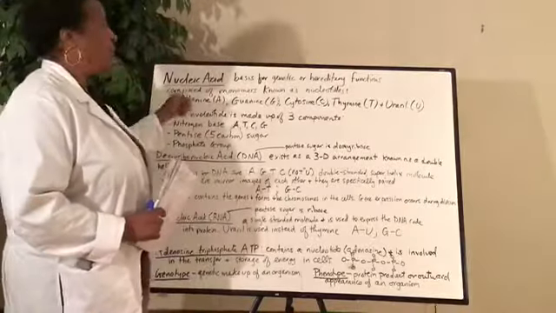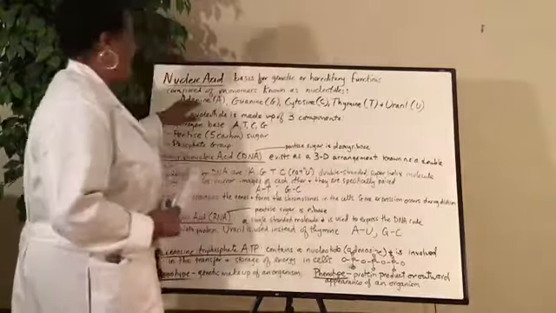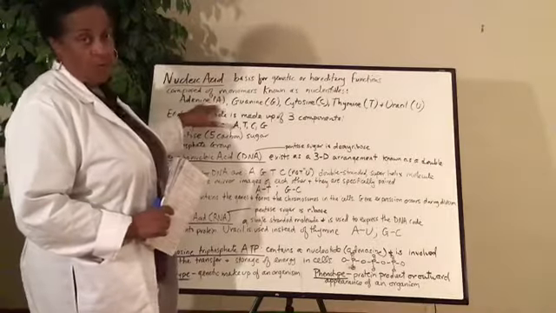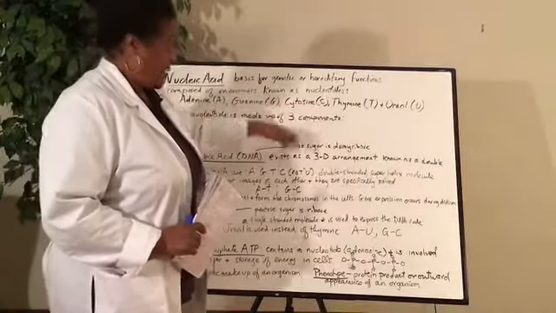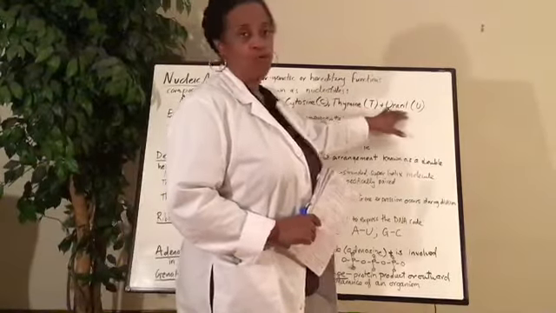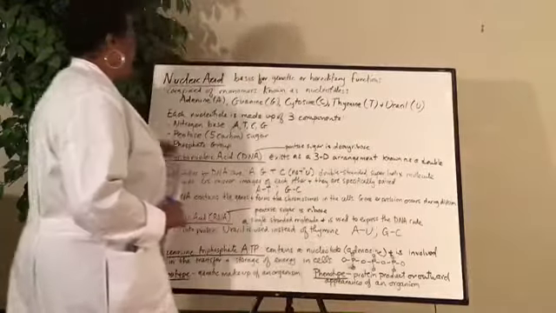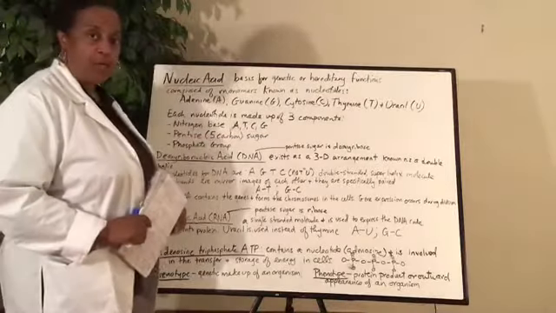It's composed of monomers known as nucleotides: A stands for adenine, G for guanine, C for cytosine, T for thymine, and U for uracil. Each nucleotide is made up of three components.